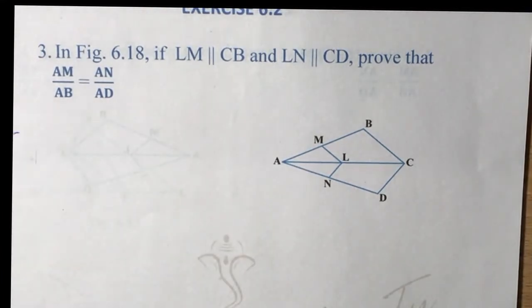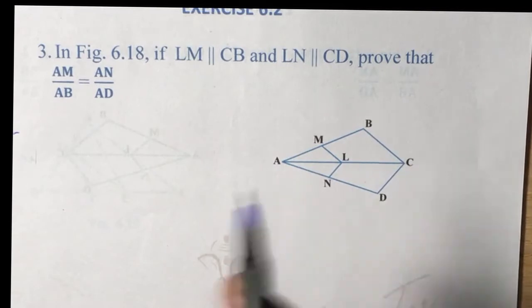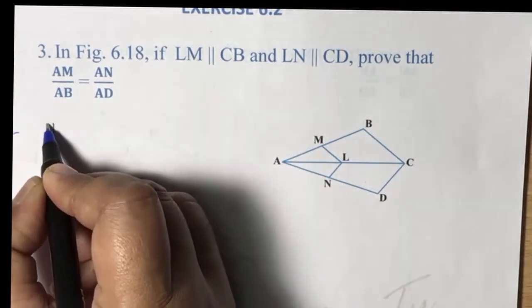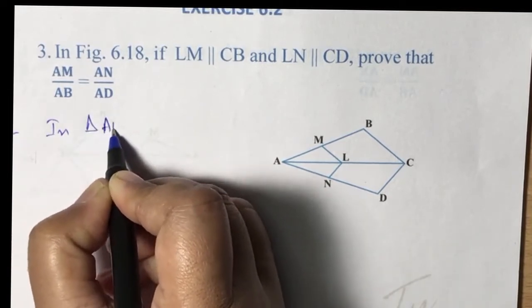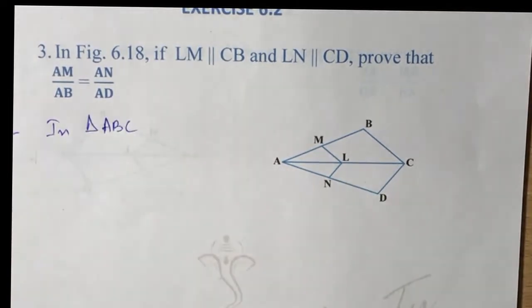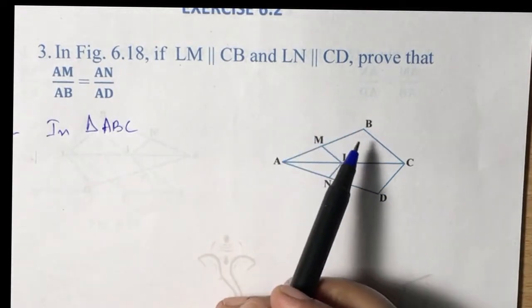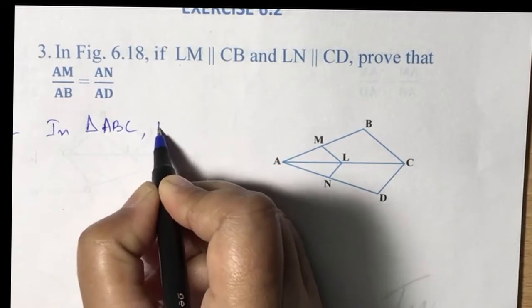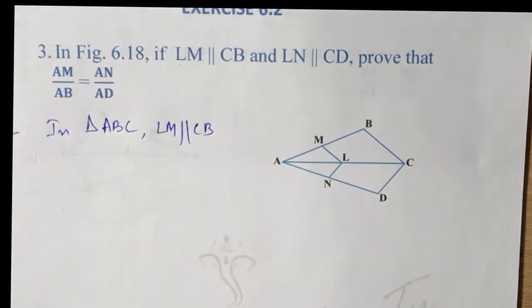So let us now take triangle ABC. What can I write in triangle ABC? As per the basic proportionality theorem, it is given that LM is parallel to CP.